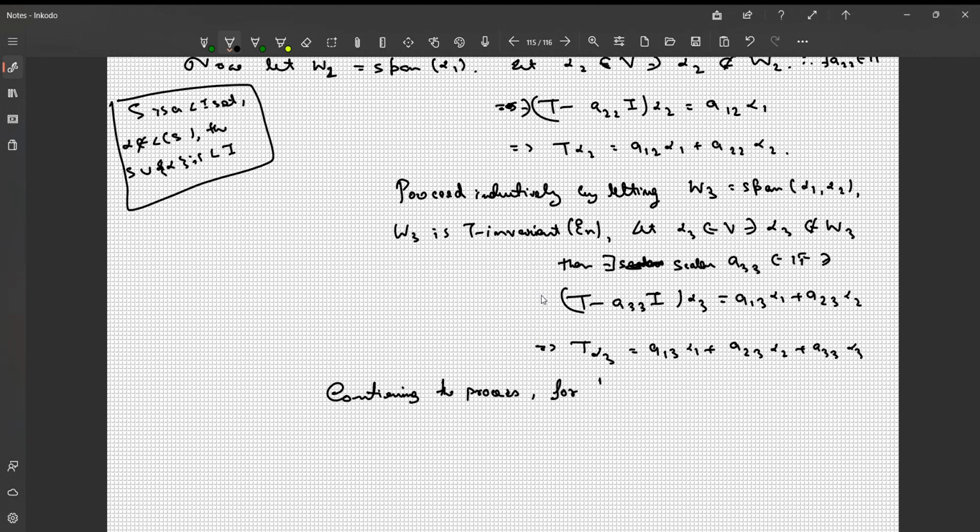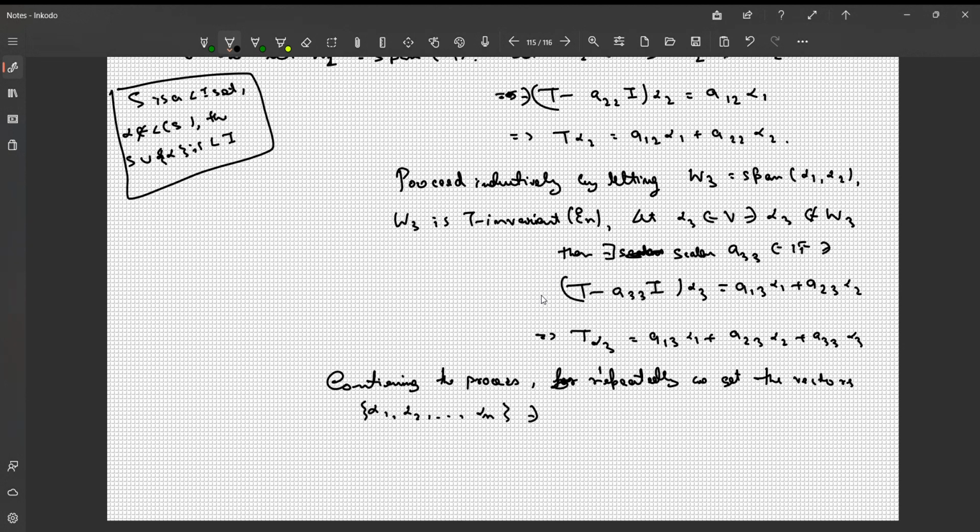So upon reaching the number of elements alpha 1, alpha 2 exactly equal to the dimension of V, the process must terminate, right? So continuing the process repeatedly, we get elements alpha 1, alpha 2 till say alpha n.